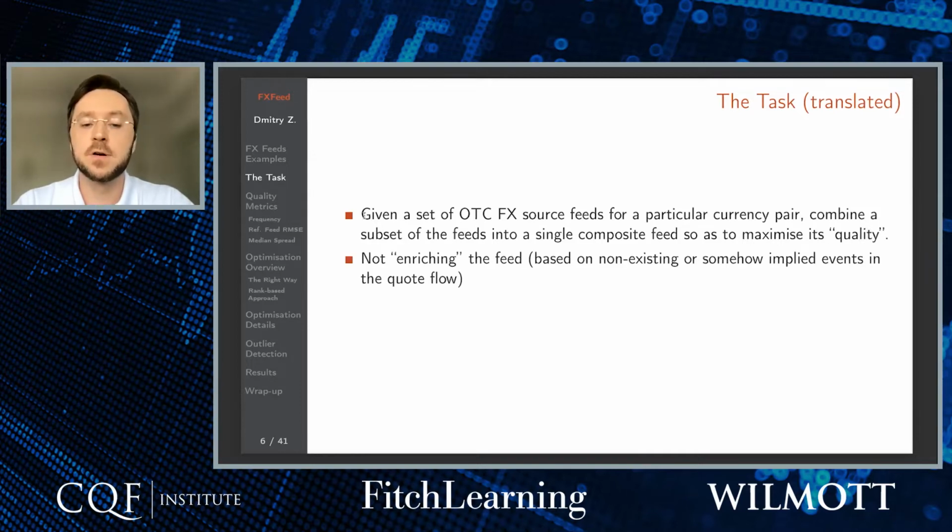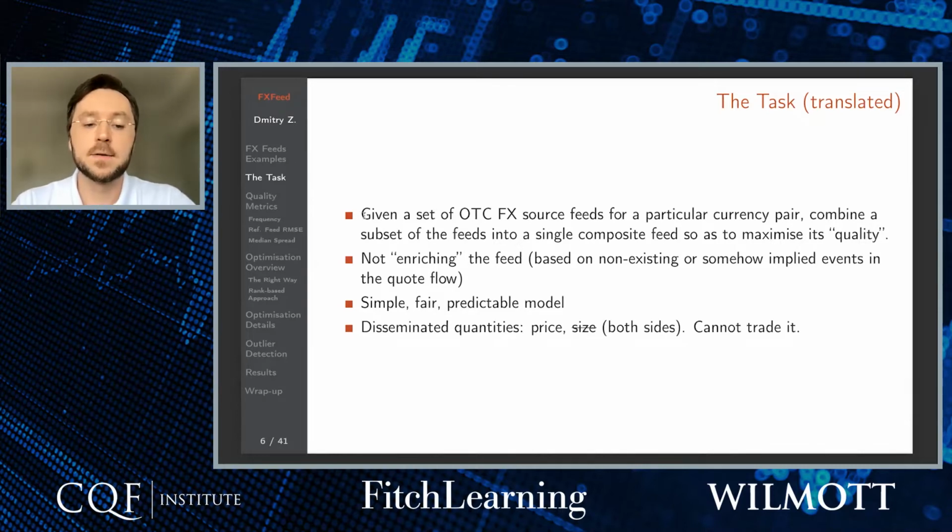We are not supposed to enrich the feed based on some non-existing or somehow implied events in the quote flow. The utilized model should be simple, fair, and predictable. And the quantities we're going to disseminate would be price and size for both sides, although later we decided not to disseminate the size, so that the consumers won't be able to actually trade it.